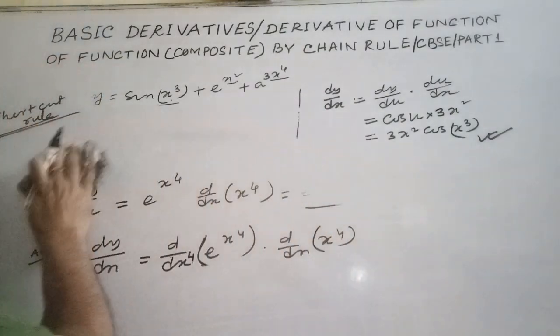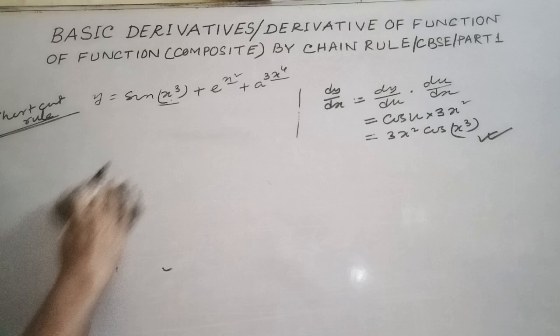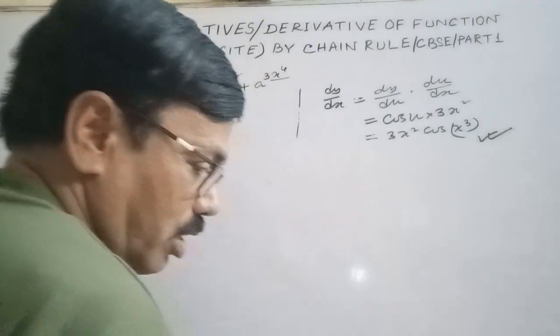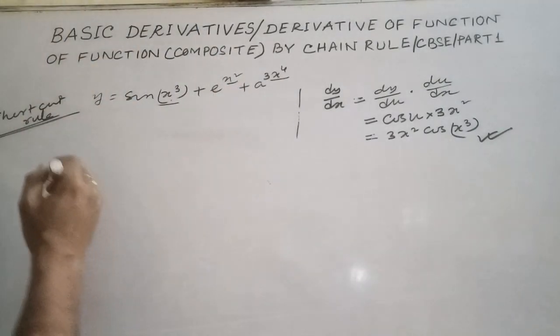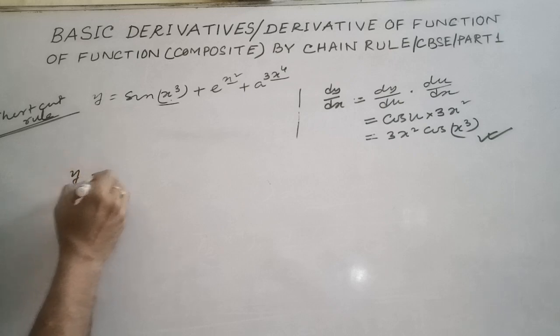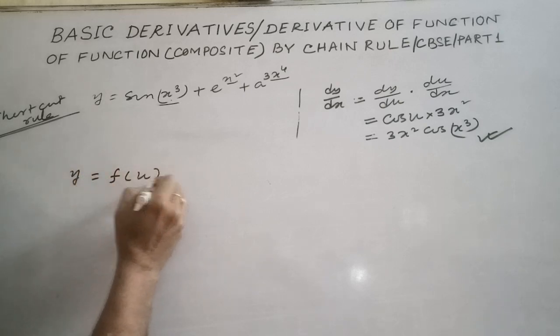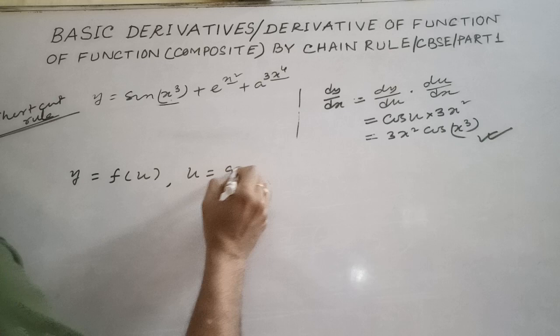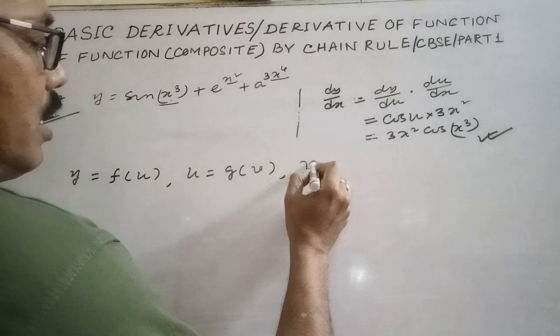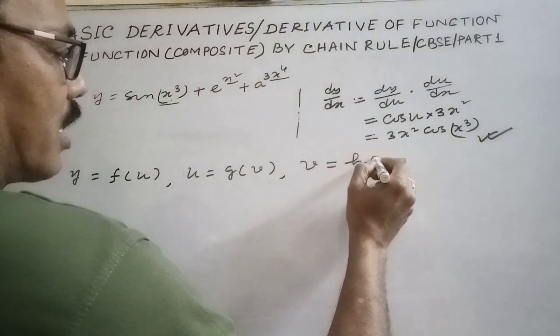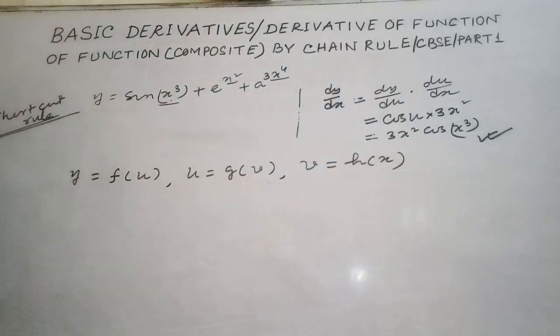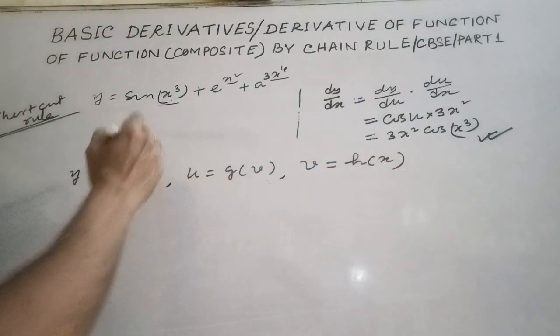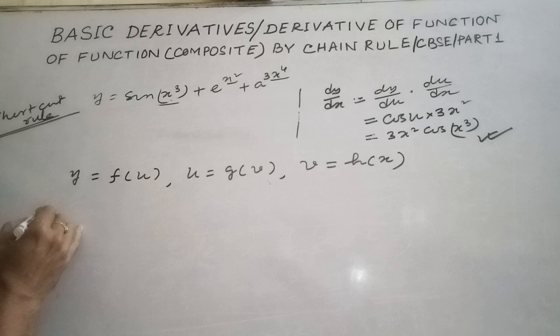Now, chain rule is not true for two functions only. Suppose y equals f(u), u equals g(v) and v equals h(x). So, three functions. This rule can be extended.